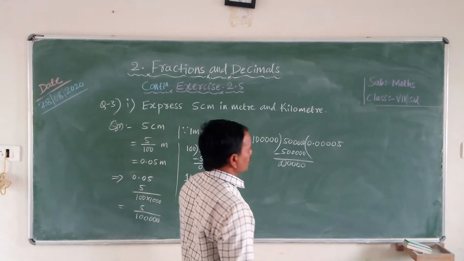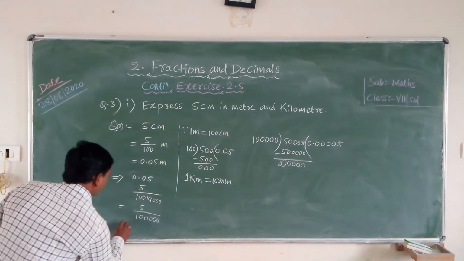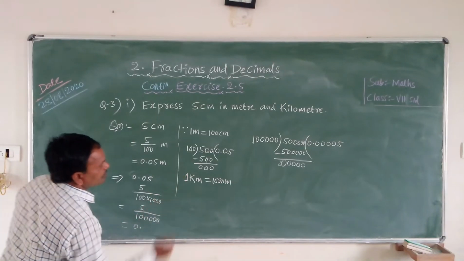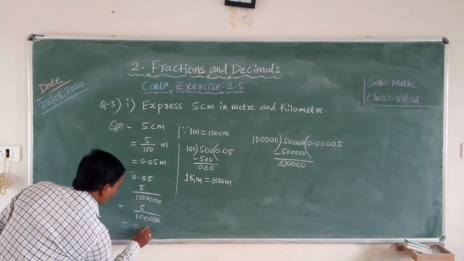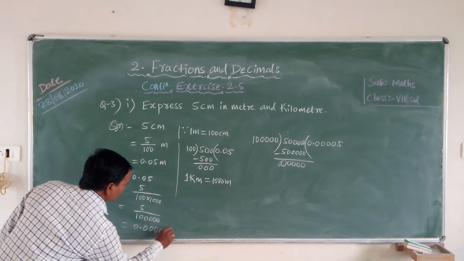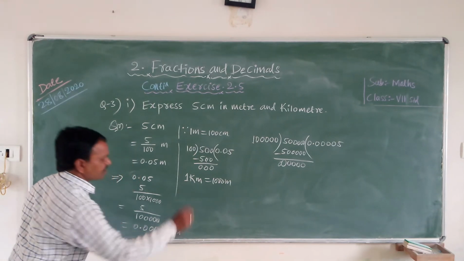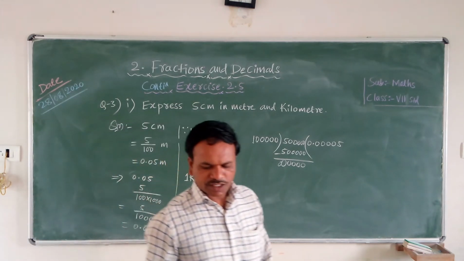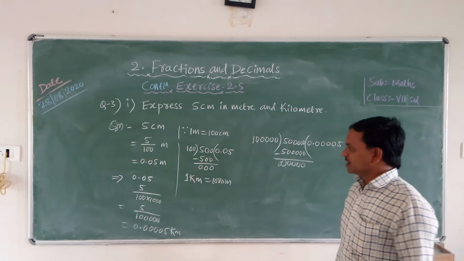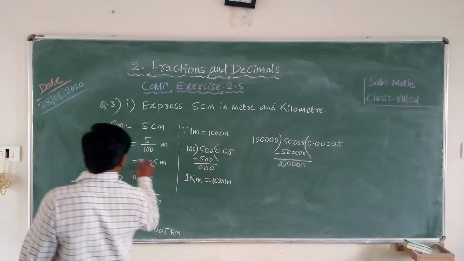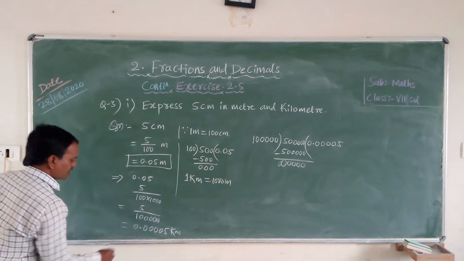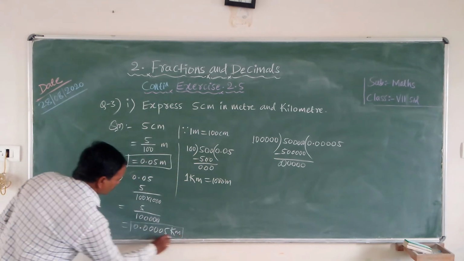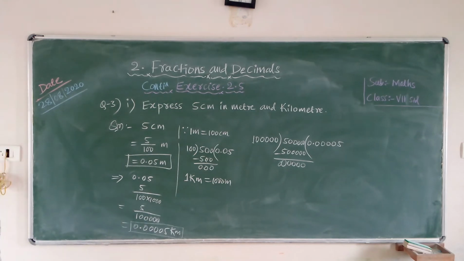Like this we have to do. So here it is equal to 0 point, how many zeros are there? 4. 1 2 3 4 5. So this is kilometer. Like this we have to do the problem. So this is meter, and this is kilometer.